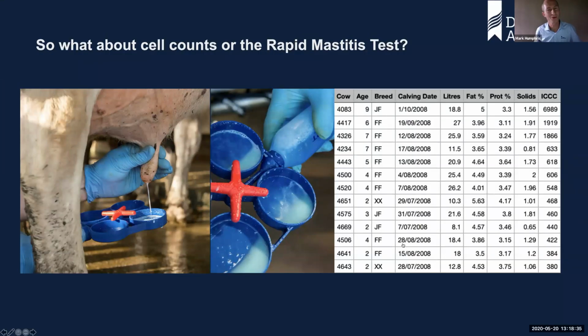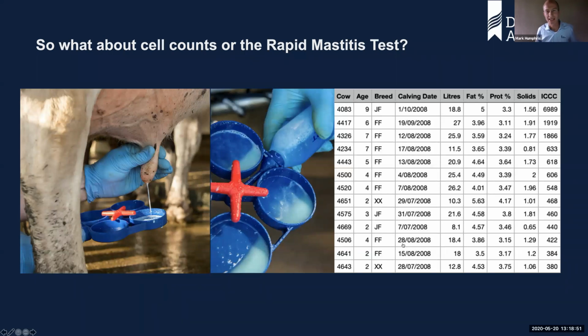So what about cell counts or the rapid mastitis test? Now, fantastic tools, both of these. Some people do use the paddle test, but they come with a fair degree of caution.